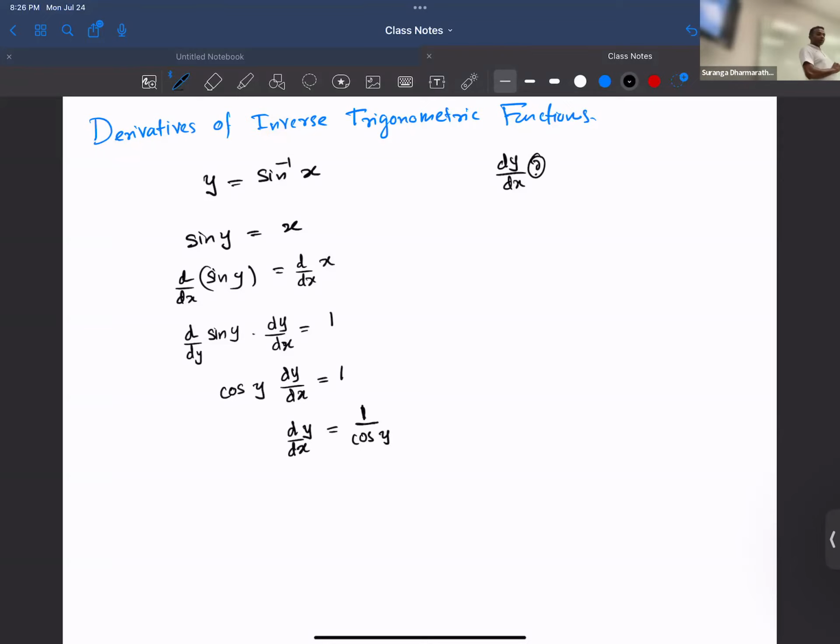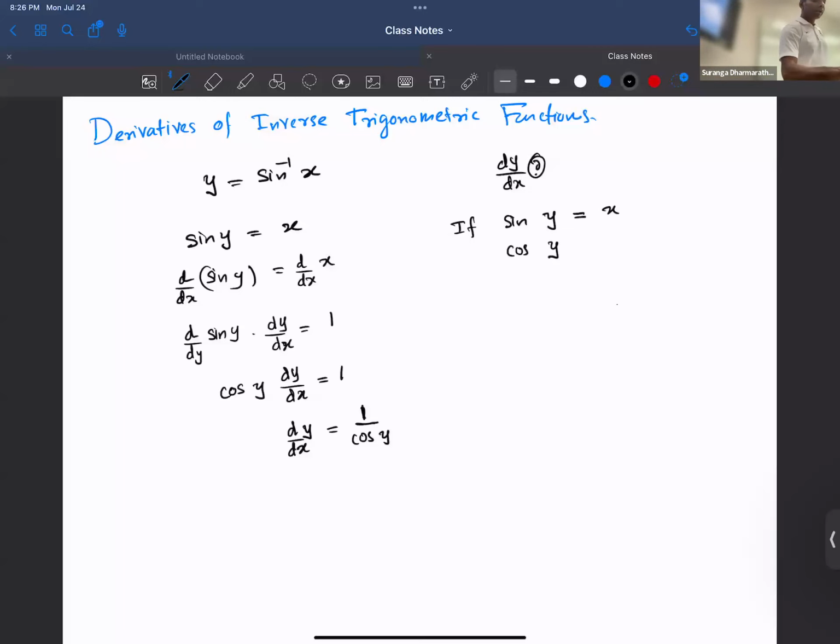So if sine y is x, what is cosine y? What is the definition of sine y?